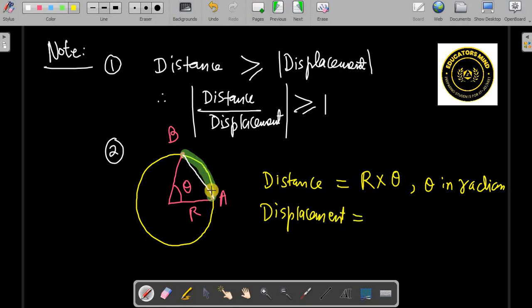Displacement will be the chord length AB. AB chord length will be given as 2r sin(theta/2). By trigonometry we can do the solution and calculate. So we should note this distance and displacement formula in circular motion, right? Then let's move next.